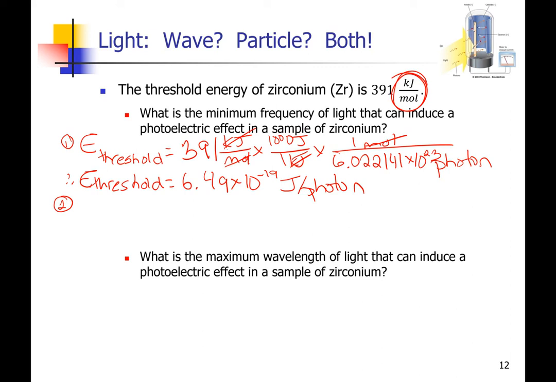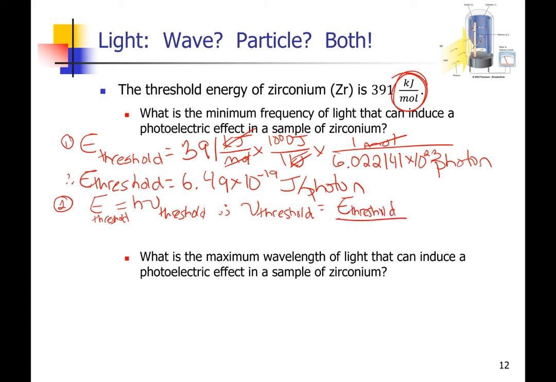So we know that the energy is equal to Planck's constant times the frequency, threshold energy, threshold frequency, and therefore the threshold frequency is equal to the threshold energy divided by Planck's constant.